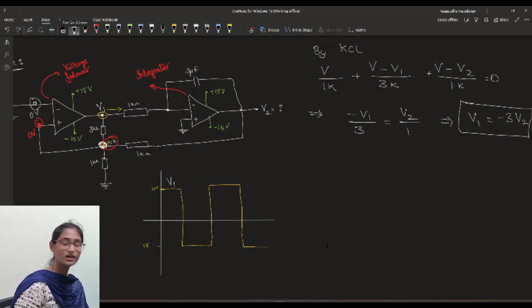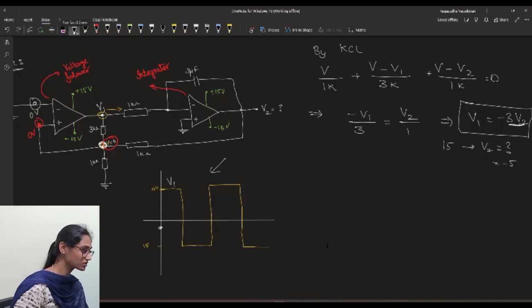We have sketched the value of V1 in this curve, and let's formulate the value of V2. When V1 is 15, V2 will be 15 divided by minus 3, which is equal to minus 5. So when V1 is plus 15, V2 will be minus 5, which will be approximately here. And when V1 is minus 15, the value of V2 will be plus 5 by this equation, and the same thing repeats.